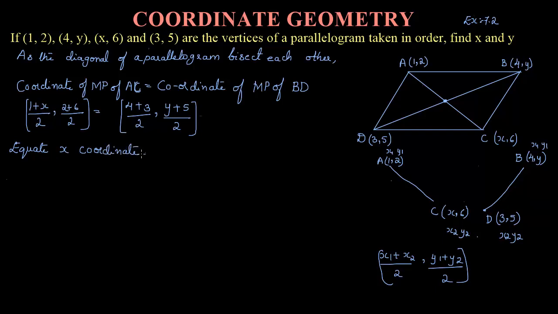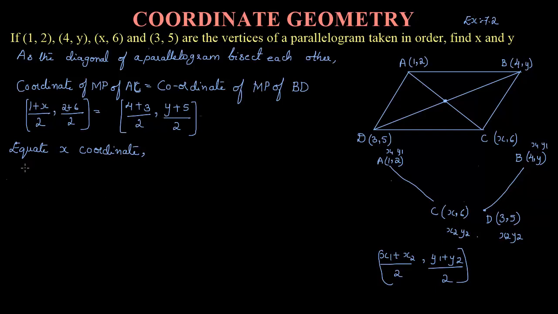If I am equating the x coordinate, then I will get the value of x. If I am equating the y coordinate, then I will get the value of y. So separately, let us equate them one by one and we will get the values of x and y.